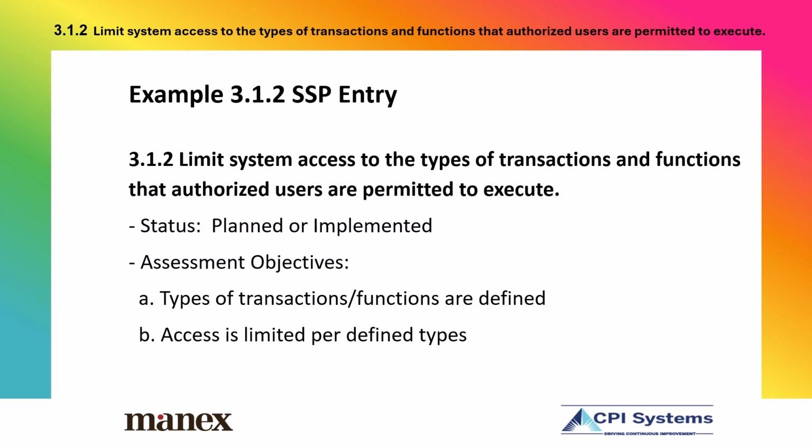Then the assessment objectives, also known as determination statements. This is the detail behind the practice requirement. So types of transactions or functions are defined. Access is limited per defined types. So we define it and then we limit it. Your system security plan should reflect not only the control, but specifically how it's implemented.